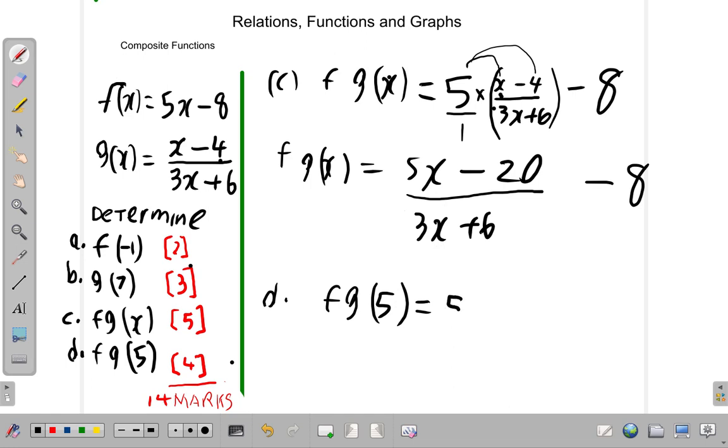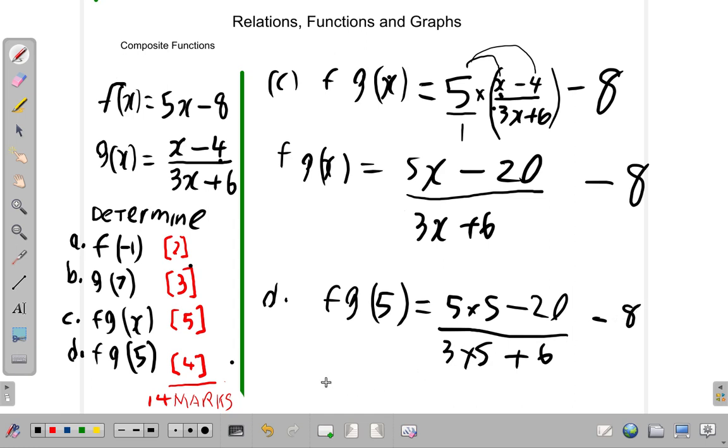So it's going to be 5 times, not x now, it's going to be 5, minus 20, all over 3 times x. This is fg of x, to give you the 3 times x, but we have fg of 5, so it's going to be 3 times 5, plus 6, minus 8 here.